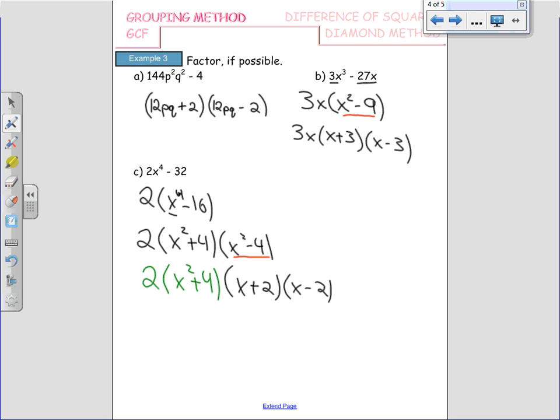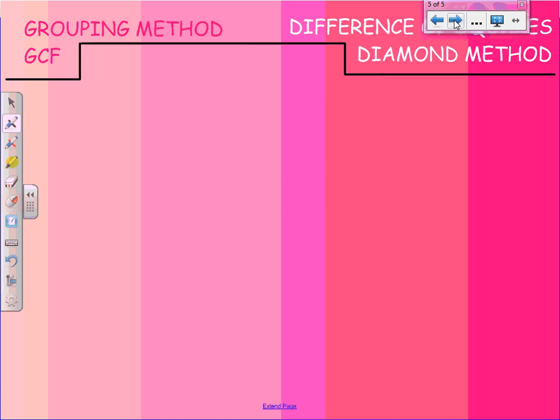Okay, there's nothing on this sheet, but there's one more I want to do for you. Is that a difference of squares? What's the square root of 1? 1. So you can do it.